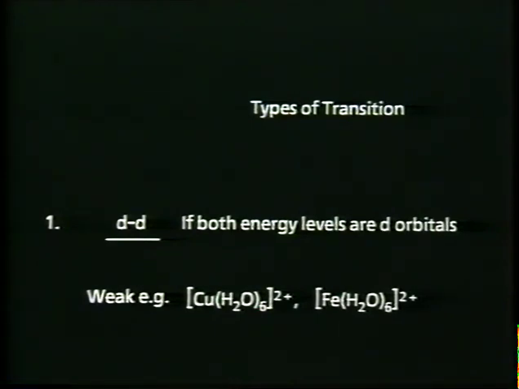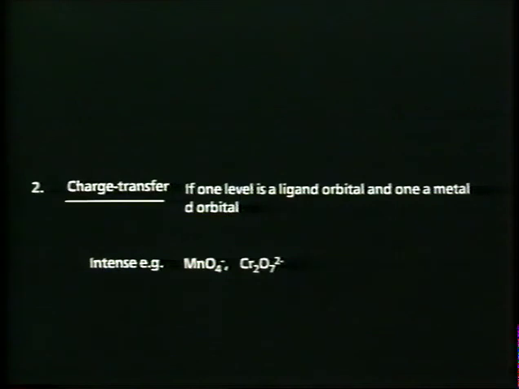When both the energy levels are d electron energy levels, then we say a dd transition occurs and we get weak colours. When, however, one of the energy levels is a metal orbital and one corresponds to a ligand orbital, we get charge transfer colours.